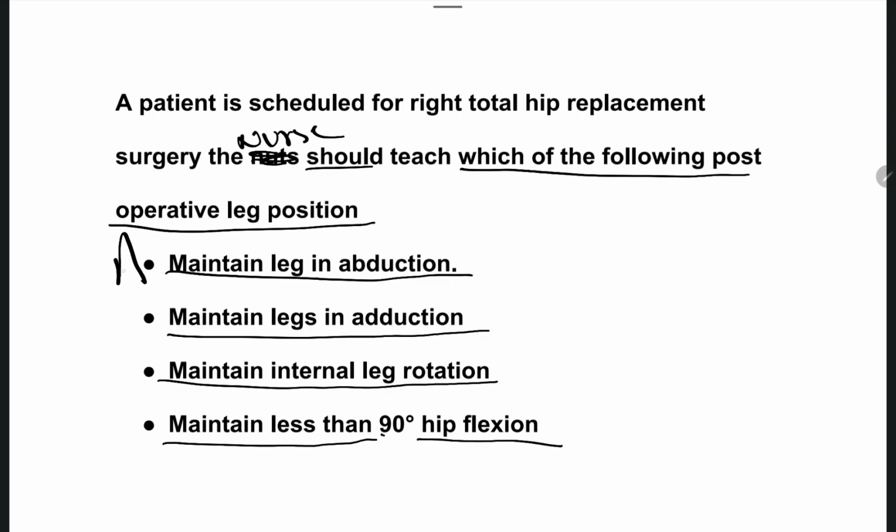The right one is option A, maintain leg abduction. So when the patient has hip replacement surgery, we need to educate the patient to always keep in mind the leg abduction.